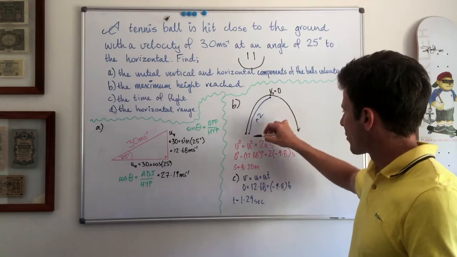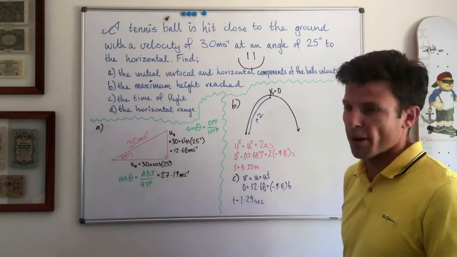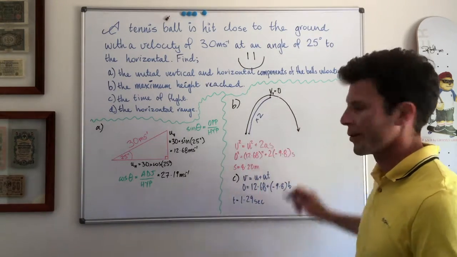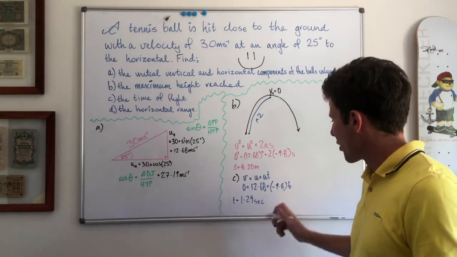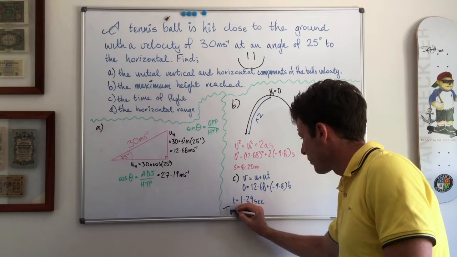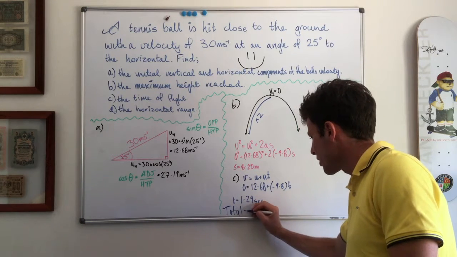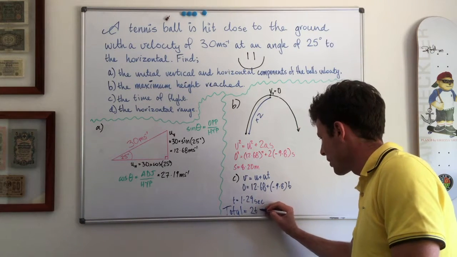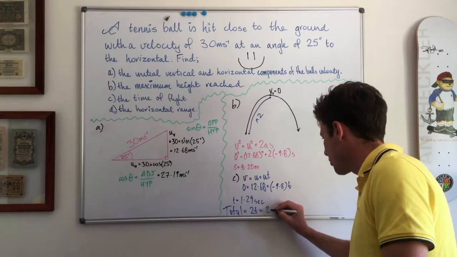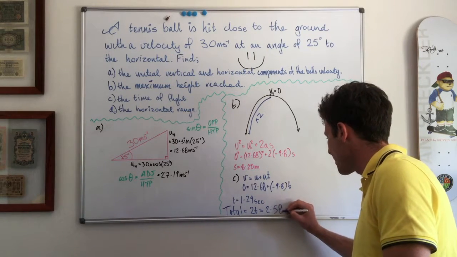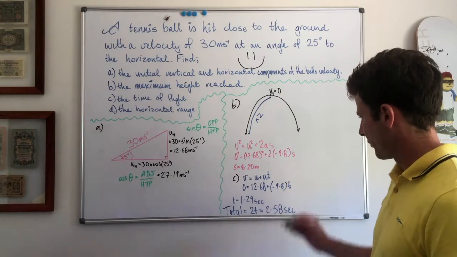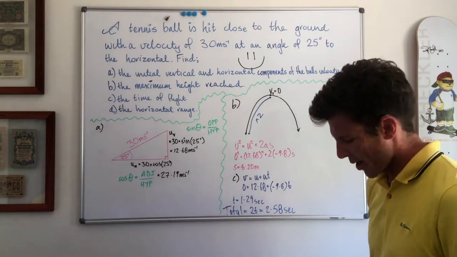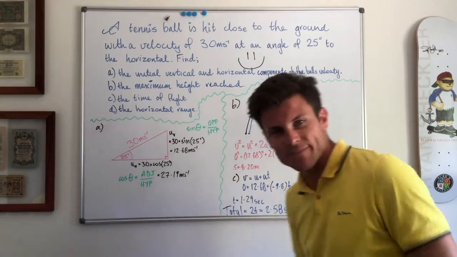However, we just identified that we have to multiply that by 2 to get the entire time of flight for the ball. So the total time is going to be equal to 2t, which is equal to 2.58 seconds. Cool. Now quickly on to part D.